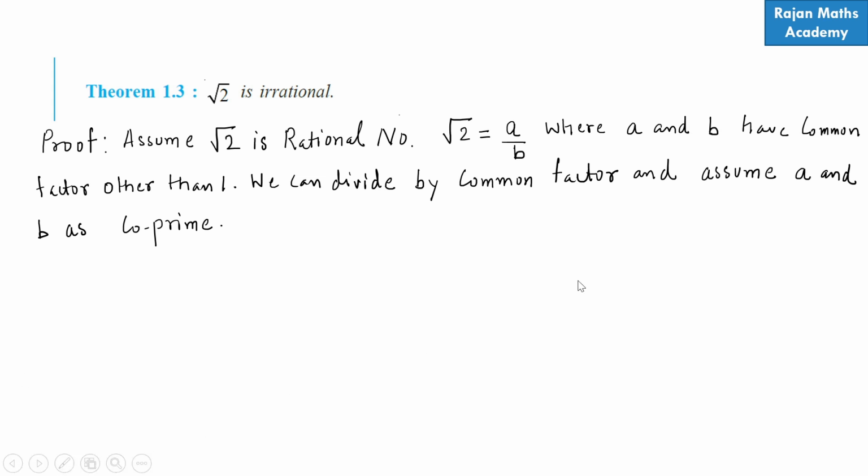Co-prime means they have a common factor 1 only. So root 2 is equal to a by b, cross multiply it, root 2 into b is equal to a.